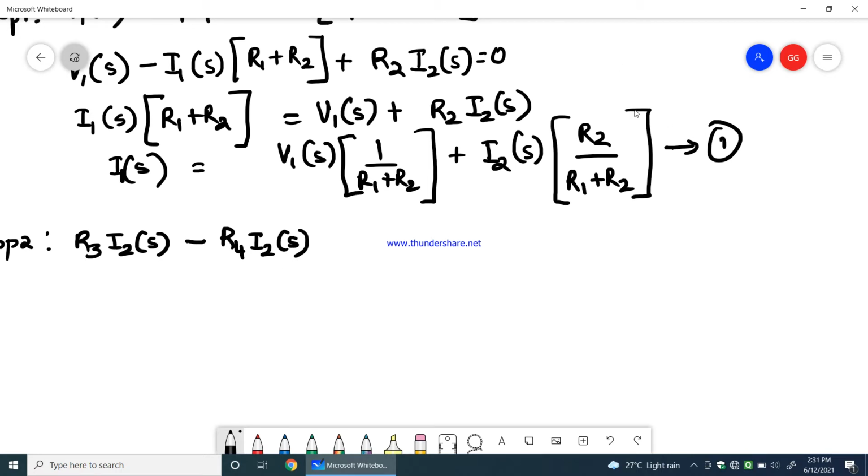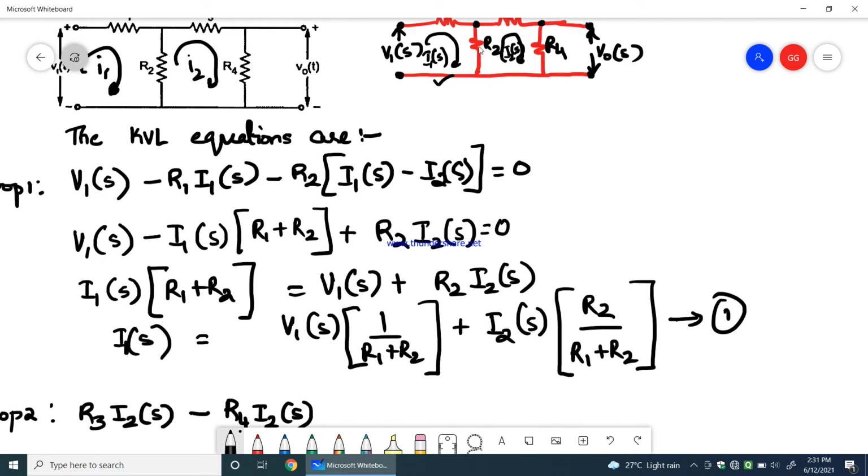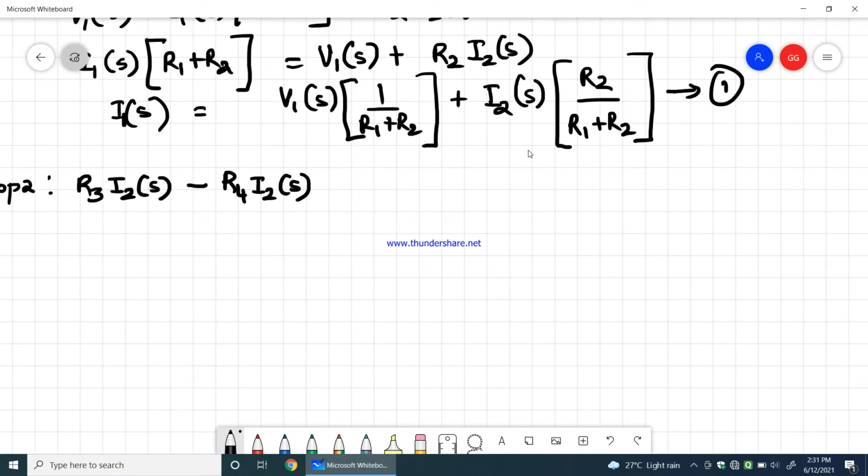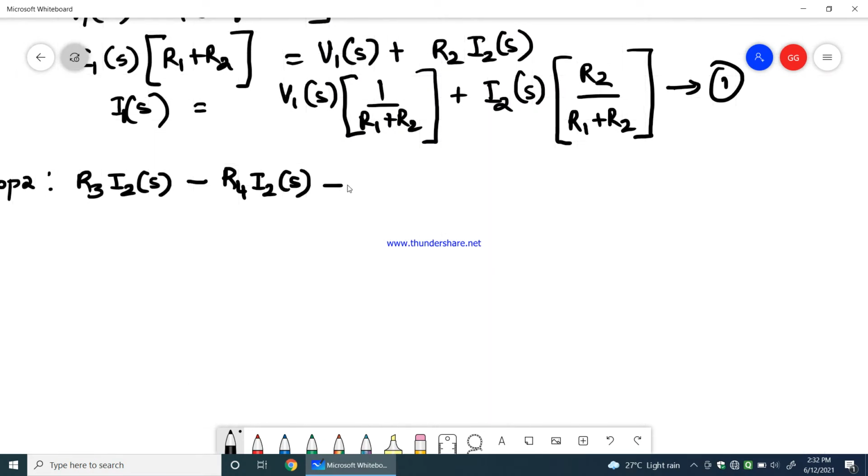Then I have another component in loop 2, which is minus R2 into I2 of S minus I1 of S, equals 0.